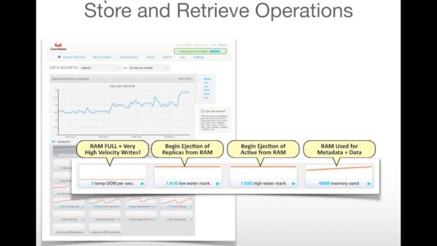When you reach the low watermark of memory used, it'll start ejecting replicas from RAM, and when you get to the high watermark, it'll start ejecting active values from RAM. So active partition document values versus replica partition document values. And then the last column is the RAM used for metadata and data combined.